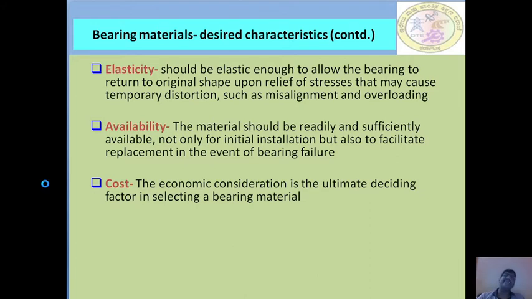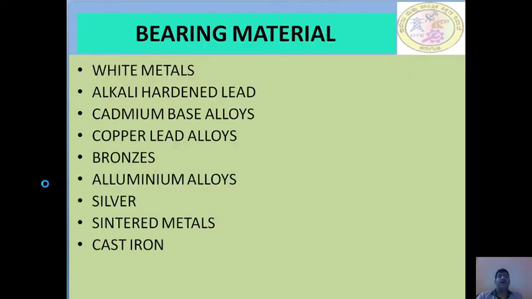These are all the bearing characteristics required for selecting the best and most suitable bearing materials for the working condition. And what are the types of bearing material alloys? What are the types of bearing materials that come across in tribology?